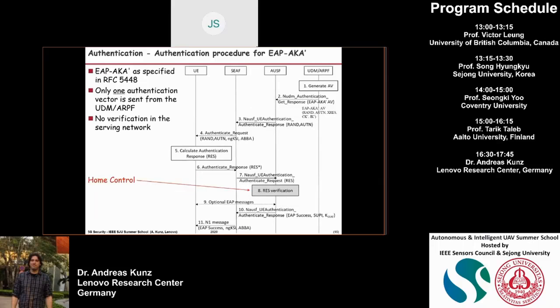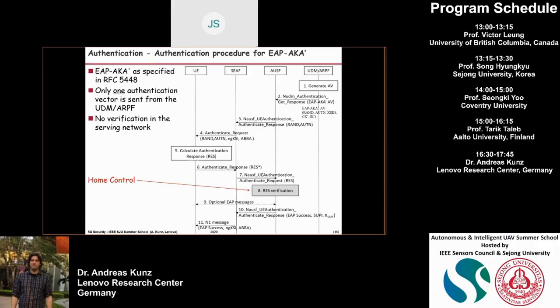The same applies to EAP AKA prime. This is an IETF specified authentication method, and EAP methods, there are many different EAP methods, and the good thing is they are also applicable to other procedures.